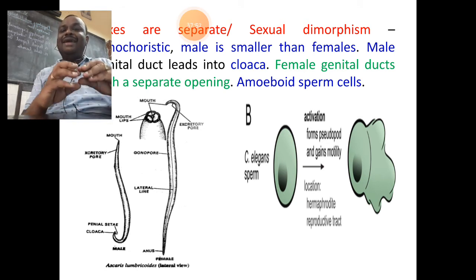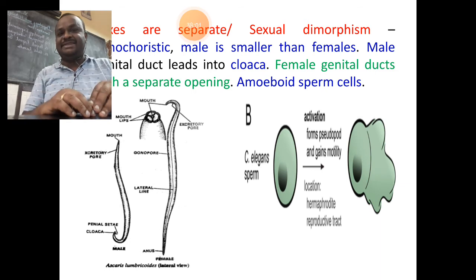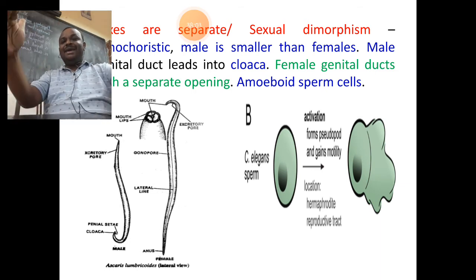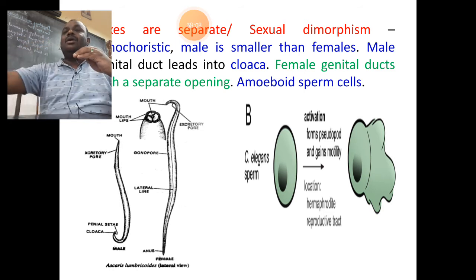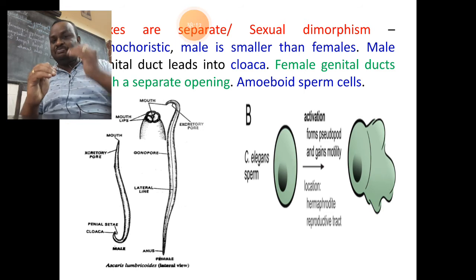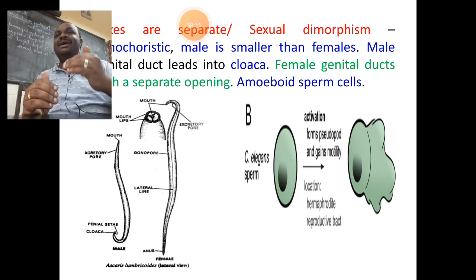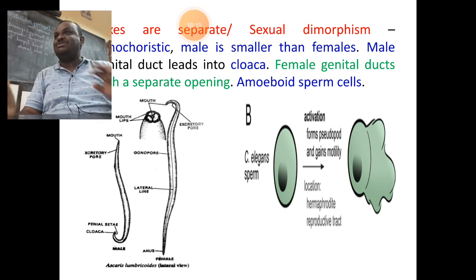Also, the reproductive system will open into the same space. So, a common way through which the undigested food or waste comes out, and through the same opening, even the reproductive cells, the gametic cells, also come out.